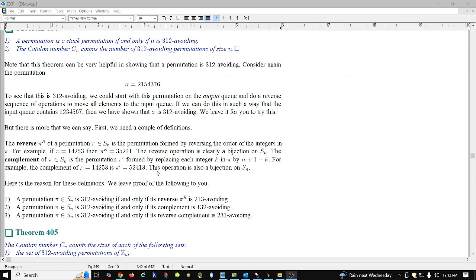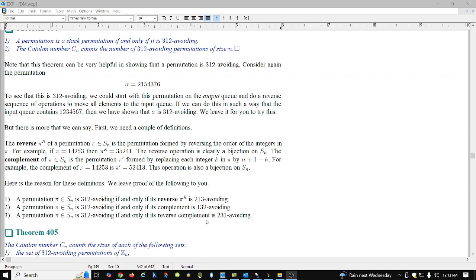Why introduce these definitions? Well, here are some facts that I'm going to let you prove. A permutation pi in Sn is 312 avoiding if and only if its reverse is 213 avoiding. Pi is 312 avoiding if and only if its complement is 132 avoiding. And pi is 312 avoiding if and only if its reverse complement is 231 avoiding.